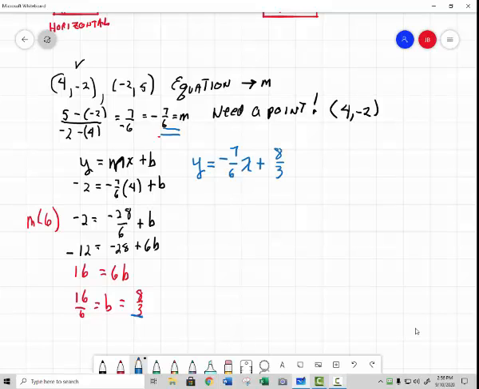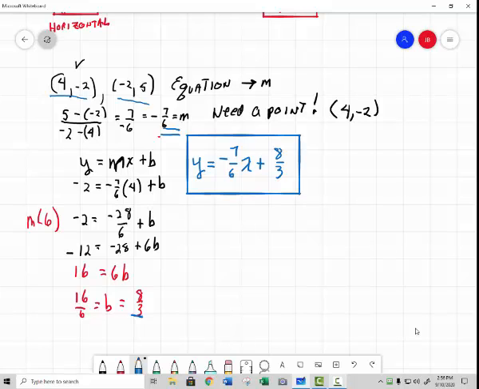So now I have my equation right here. That's the equation passing through 4, -2 and negative 2, 5. Those 2 points will satisfy this equation, and they establish the line.